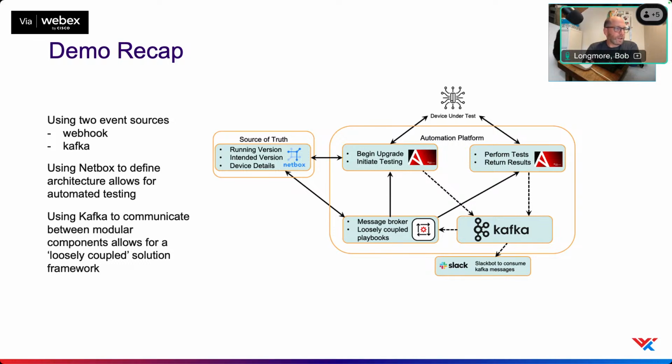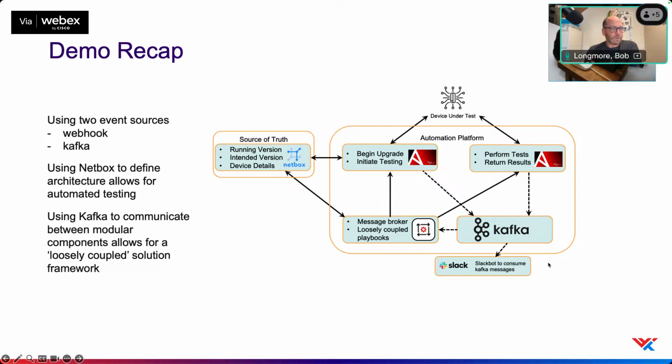That is then going to kick off a template that starts testing. And those tests are done through that Kafka bus as well. It just puts a message on the bus to say, we want to test HTTP for such and such device. And then those results are returned to Kafka, and EDA is listening for those results, and they passed.